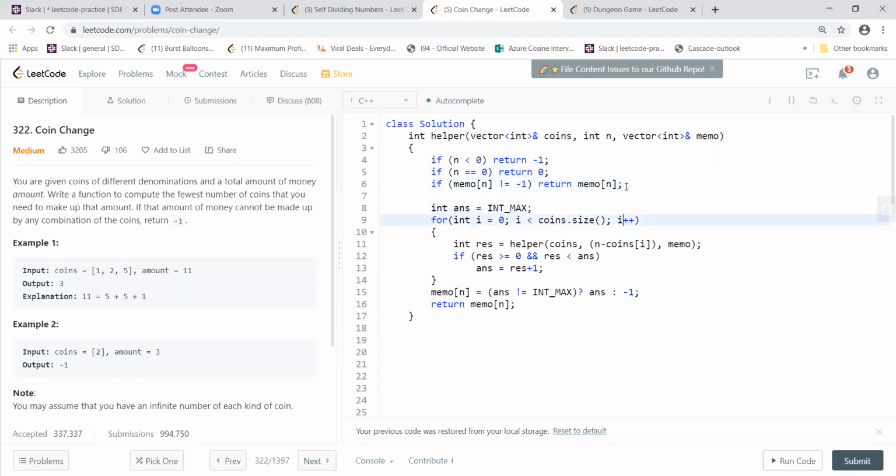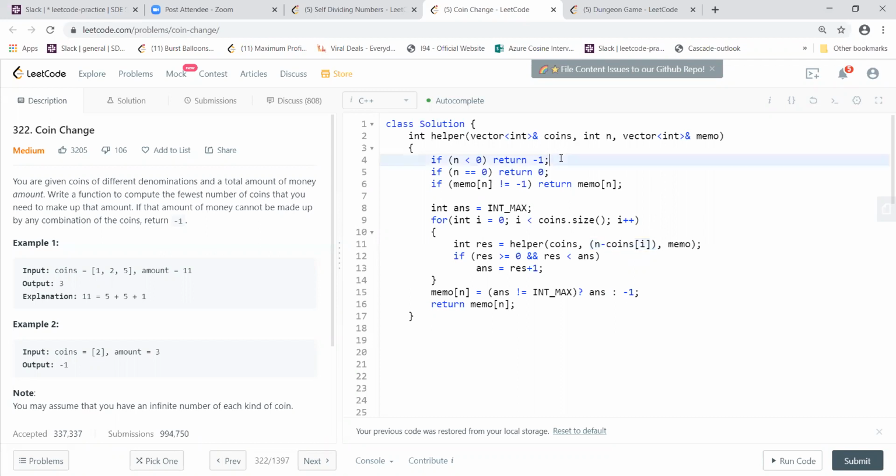And this is the for loop where I go through each and every coin denomination. Then I call the helper function again for the same coins, but decreasing the amount. Every time I decrease the amount value with the coin denomination, it goes back over here.